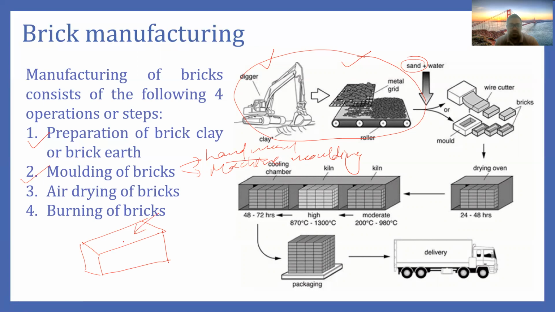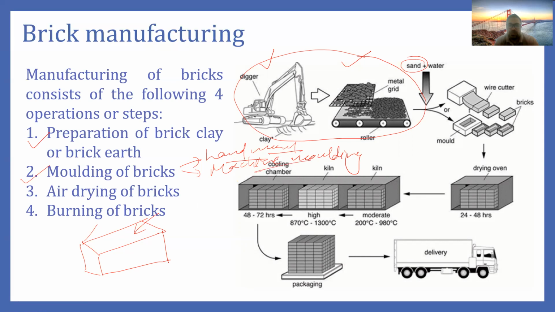We force it such that all the sides of the mold are filled properly with soil, and the excess soil is removed from the surface, and then we remove the mold.